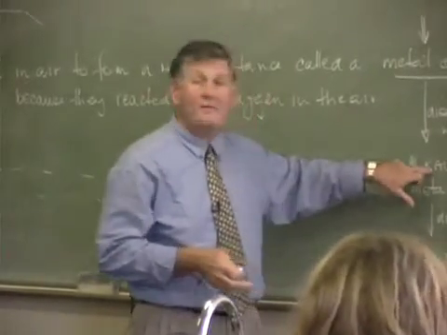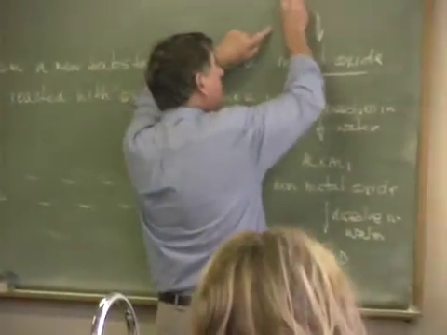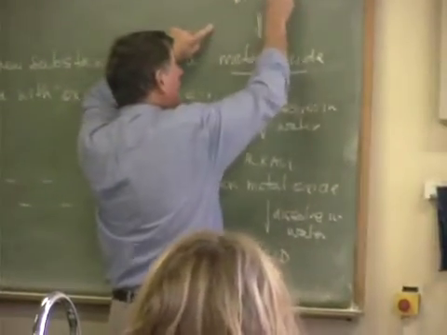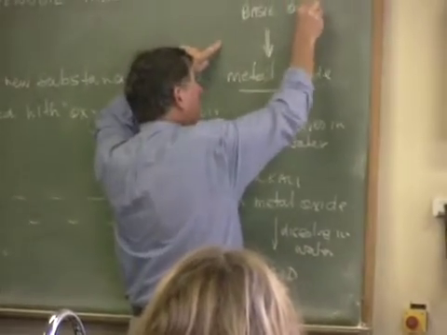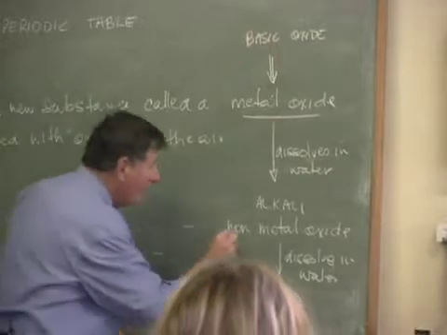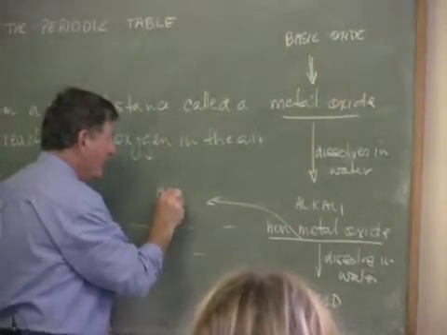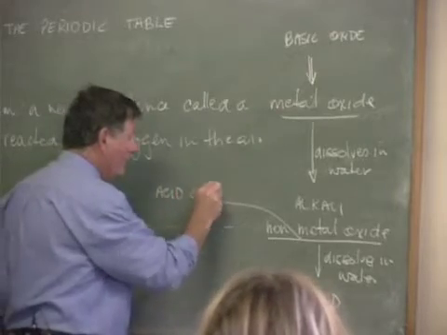What's the special word I use instead of alkali? Start with the word base. So this one's called a base oxide. And this one dissolves in water to form an acid, so it's called an acid oxide.